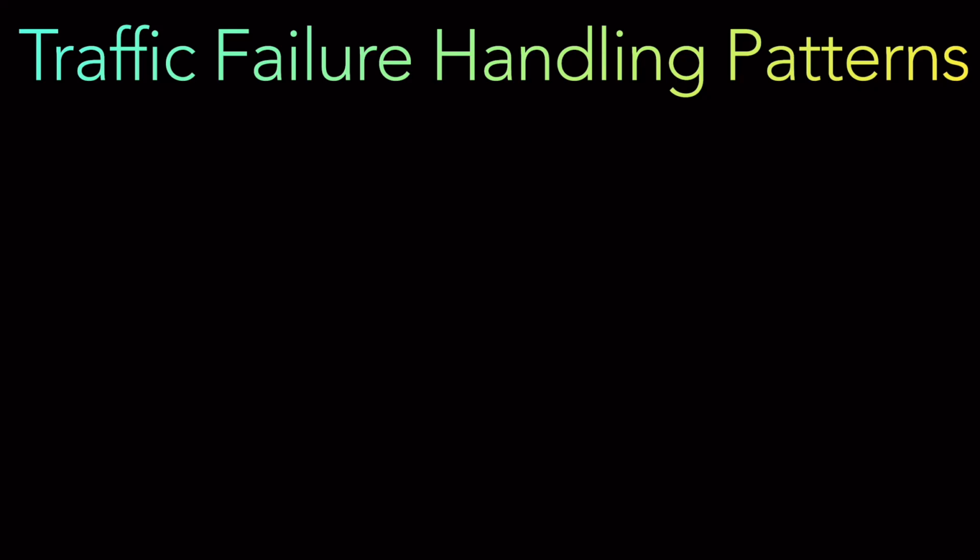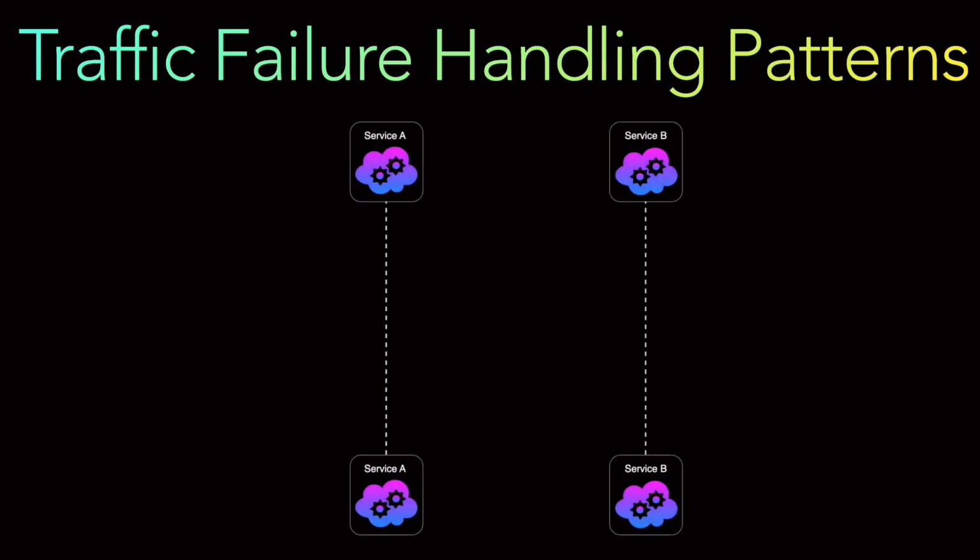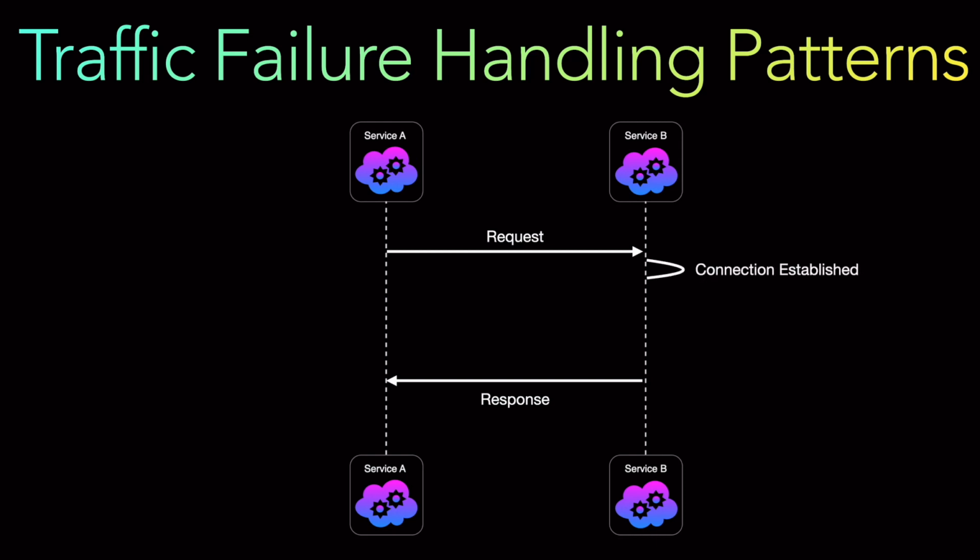So let's get started. First, say there are two services, right? Service A and service B. In a general pattern, say service A is making a request to service B, an API call, and service B is responding back with a response. In between, service B might be doing multiple things. For example, first is getting a connection established.